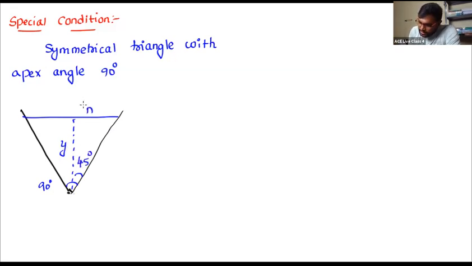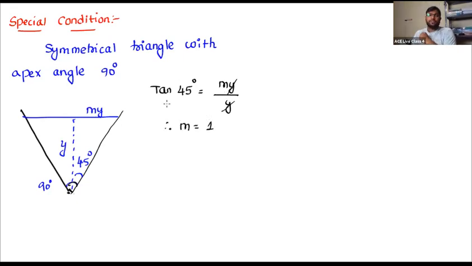This is y and this is going to be my. So if the apex angle is 90 degrees, one side angle is 45, then tan 45 equals opposite by adjacent, my by y. So y gets cancelled. Then what is the m value? 1, because tan 45 is equal to 1.